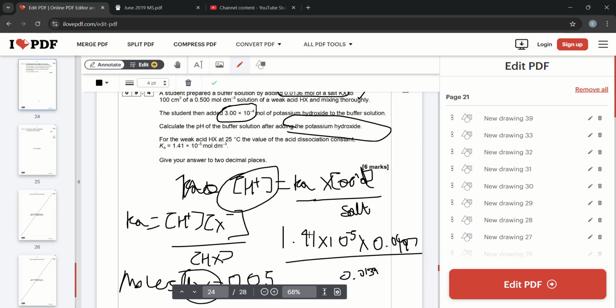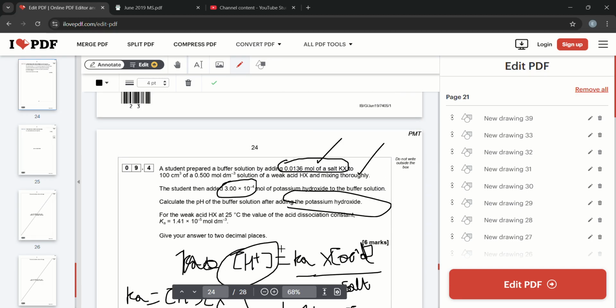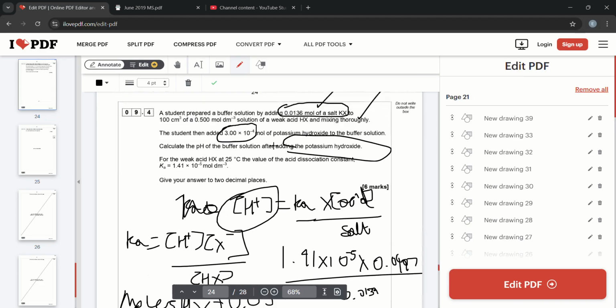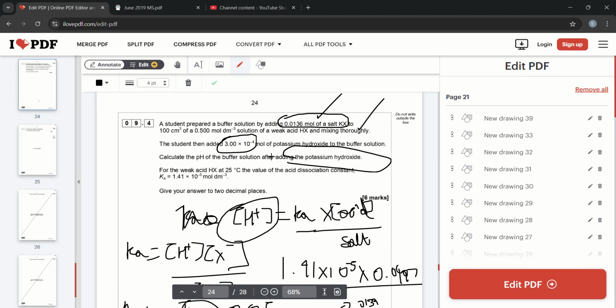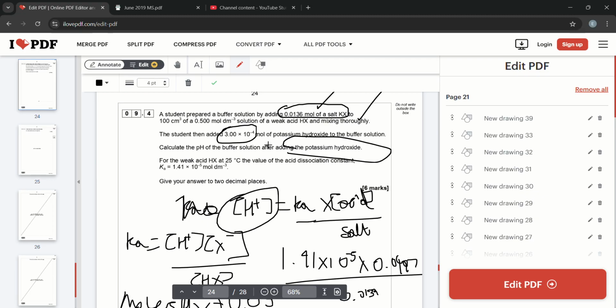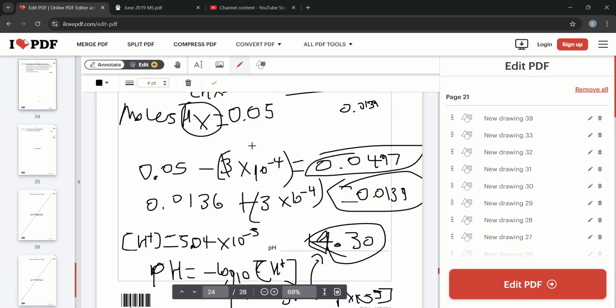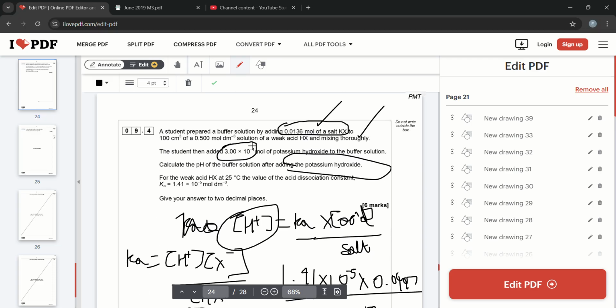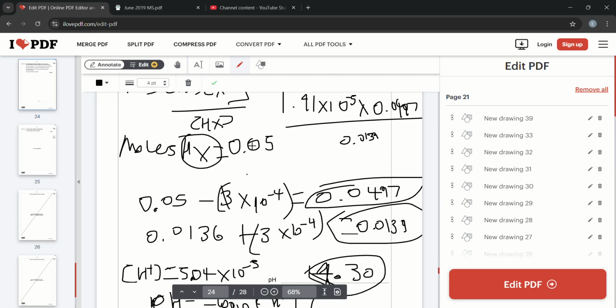That was a very long question. So first things first, we can find the moles of the weak acid HX. Then subtract 3.00 times 10 to the power minus 4. And for the salt, 0.0136, add 3.00 times 10 to the power minus 4.